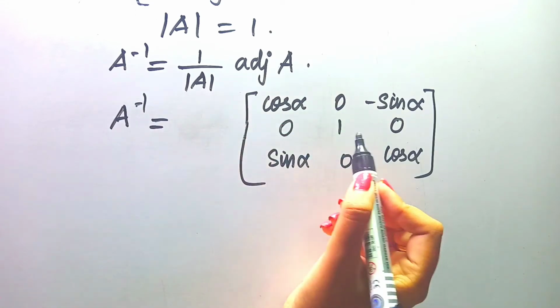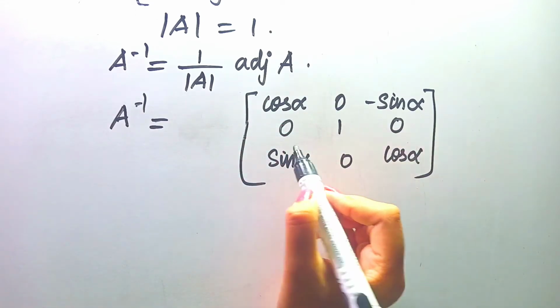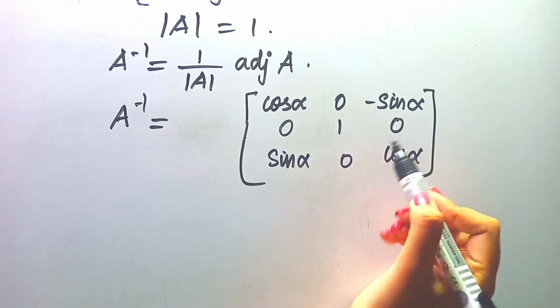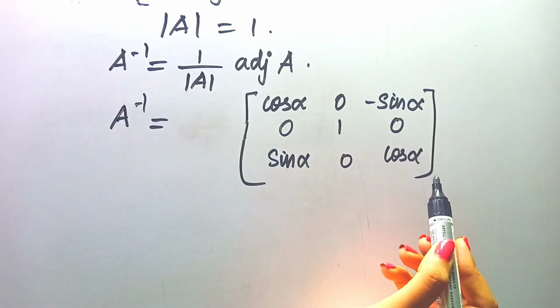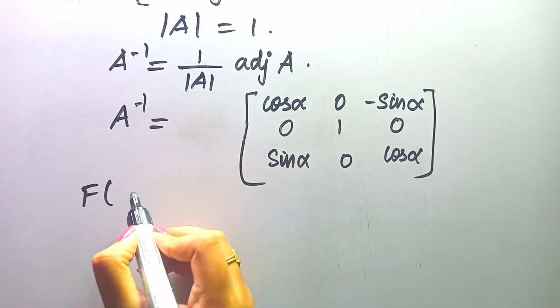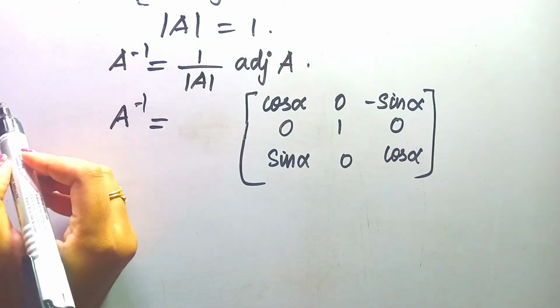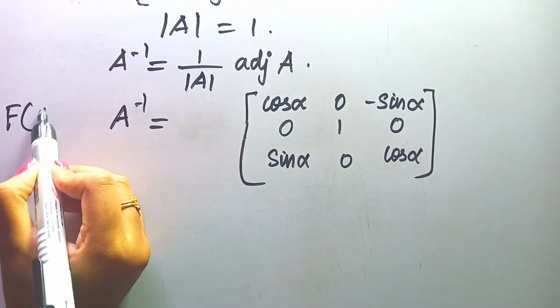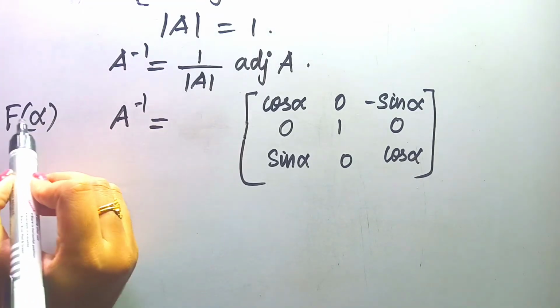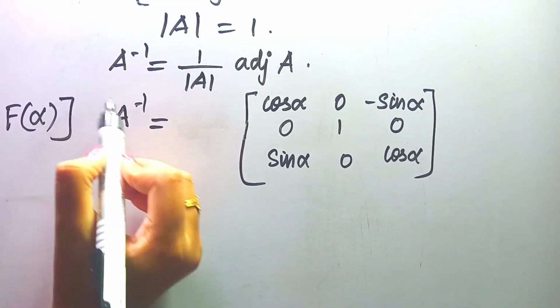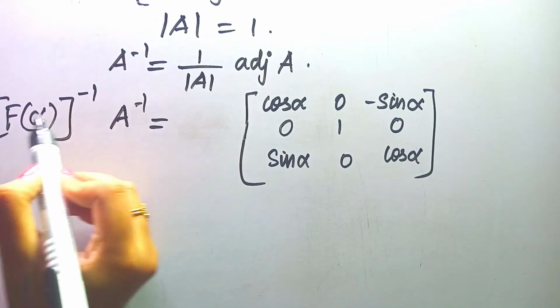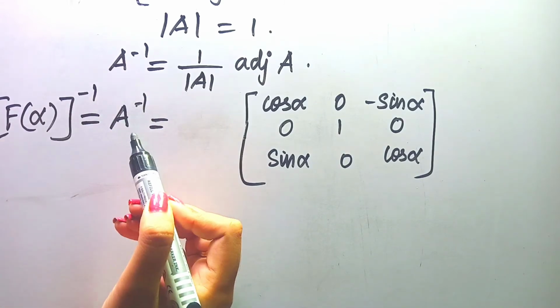So A inverse is equal to cos alpha, 0, minus sin alpha, and 0, 1, 0, and sin alpha, 0, cos alpha. So what we have to prove? A is nothing but F of alpha. We have taken F of alpha as A, so if we put an inverse, this is nothing but our A inverse, right?